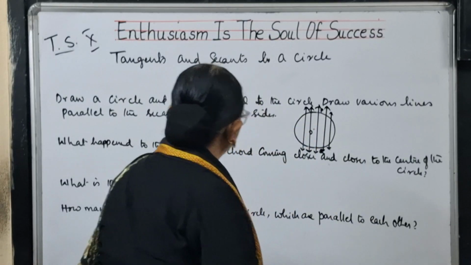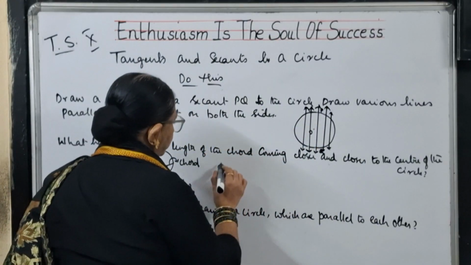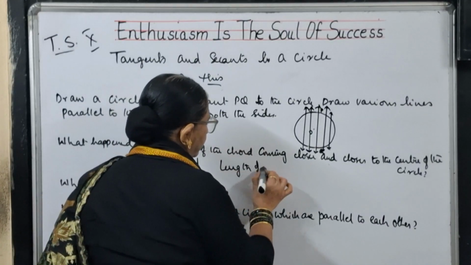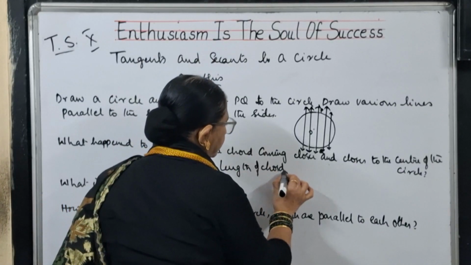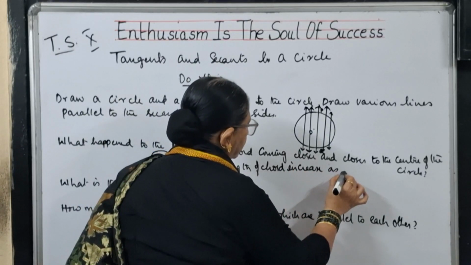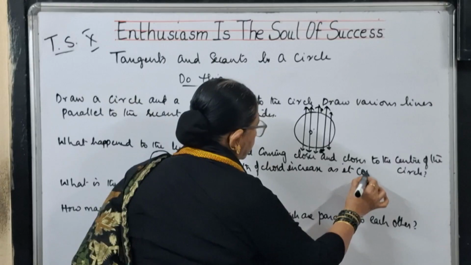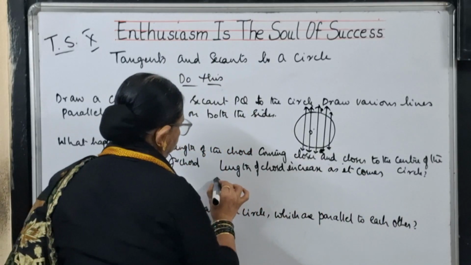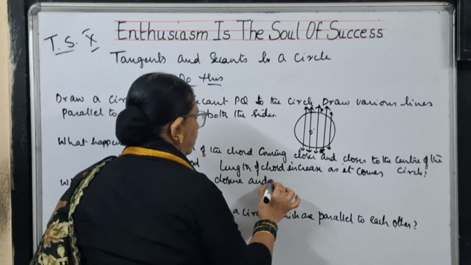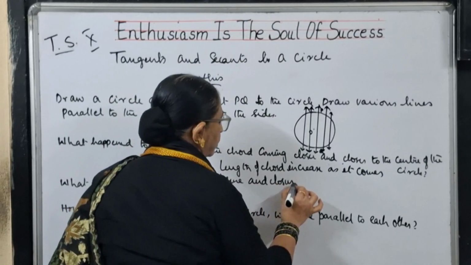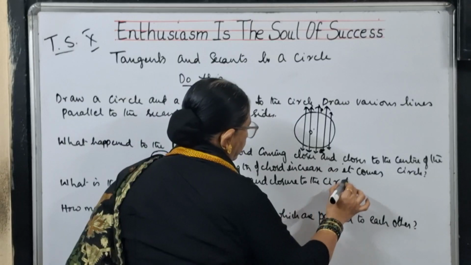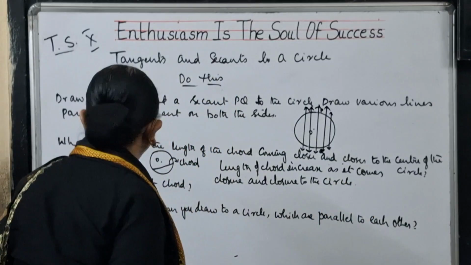So the length of the chord increases as it comes closer and closer to the circle. So definitely the length of the chord increases.